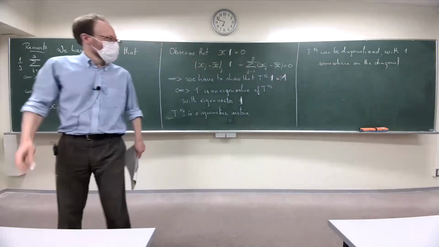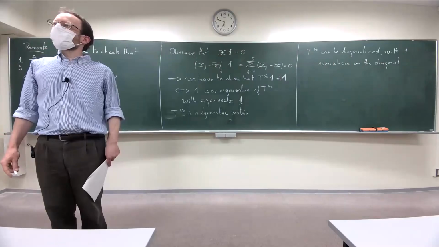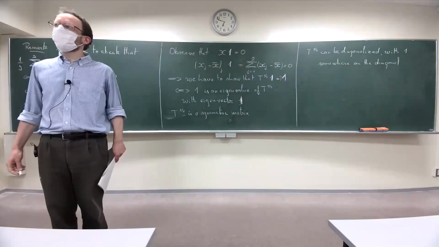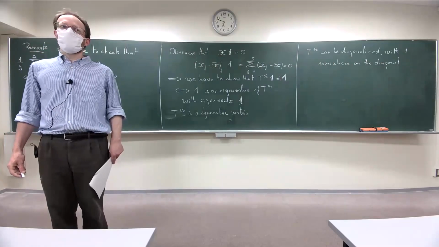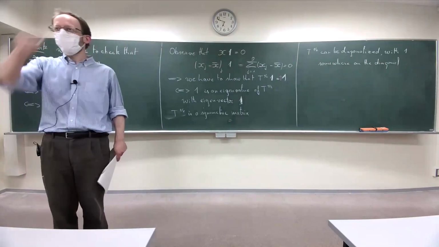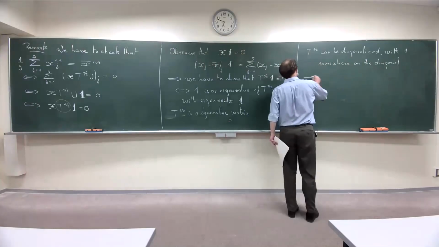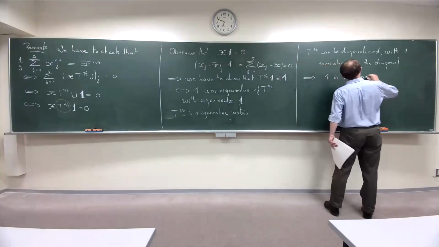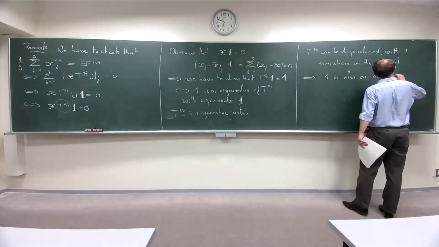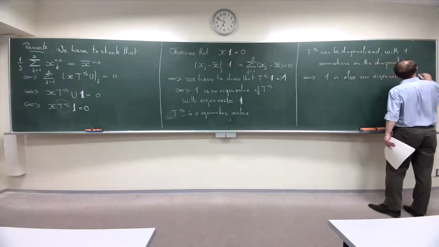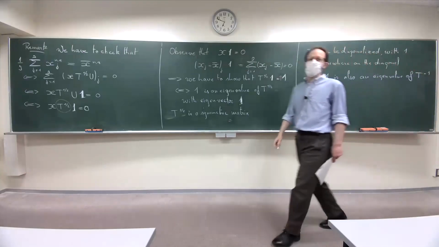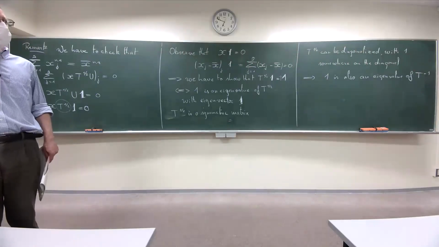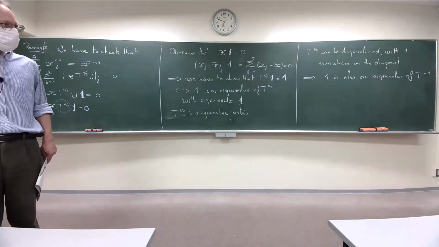Now, when you have a diagonal matrix, do you know the eigenvalues of any power or any function of a diagonal matrix? You just take the function applied to the diagonal matrix. This is something you should have seen. So it means 1 is also an eigenvalue of, I'm going to take T^{-1}. I take a function of T, because I go to this diagonal matrix, then I take a function of it.